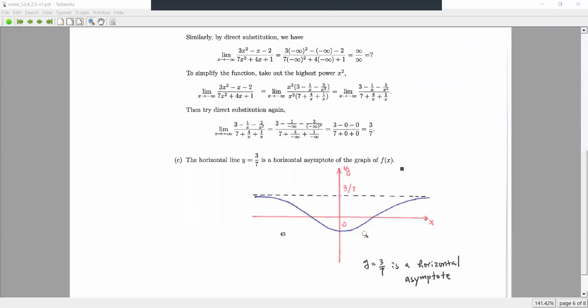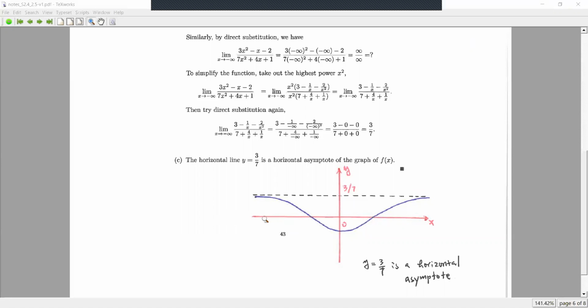Here is a possible graph of the function. This horizontal line, the height is 3 over 7. From part B, as x approaches positive infinity, the function approaches 3 over 7. So the graph of the function, as x approaches positive infinity, is getting closer and closer to this horizontal line. And also from part B, when x approaches negative infinity, the function approaches the same number 3 over 7.